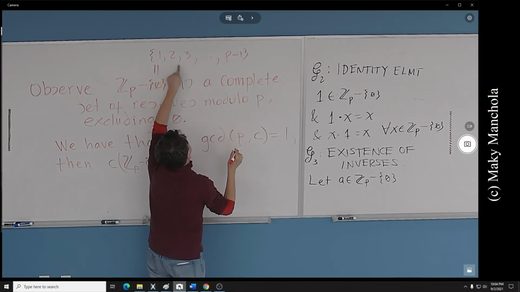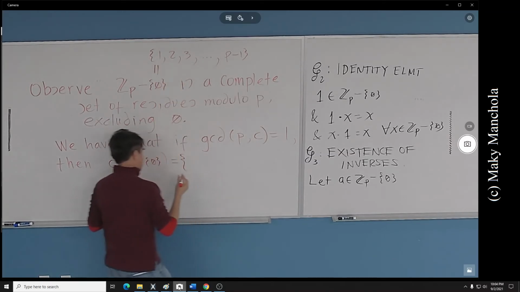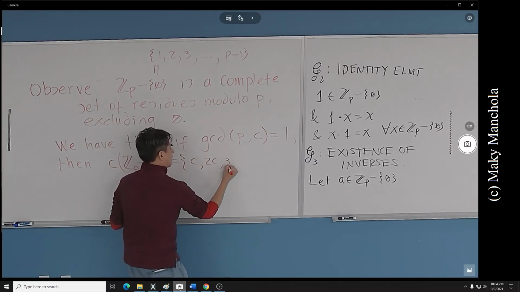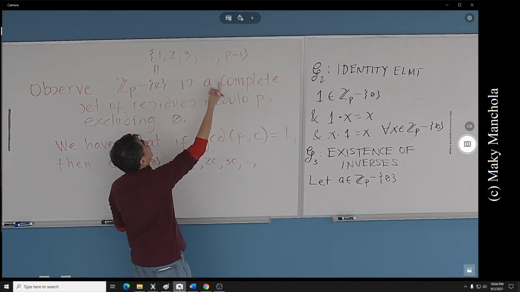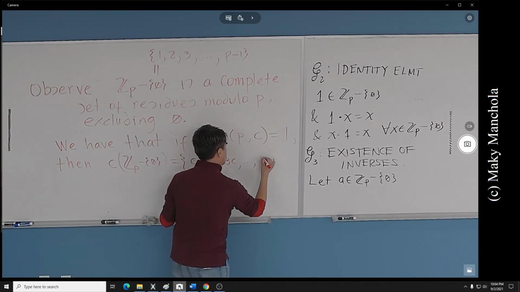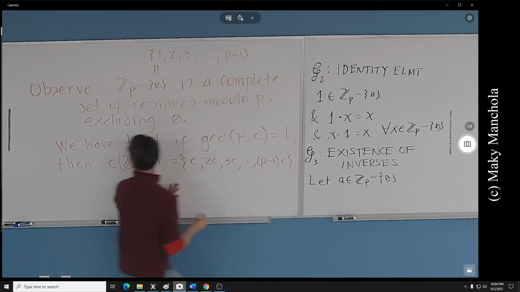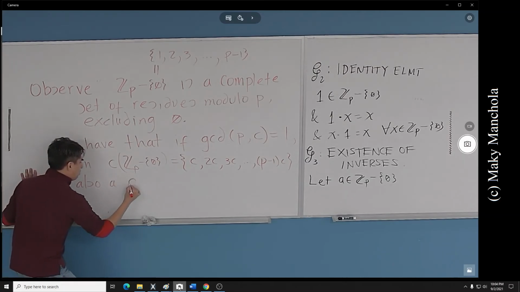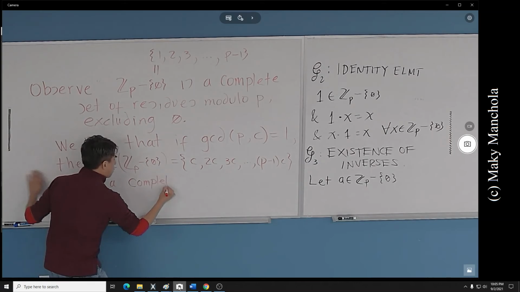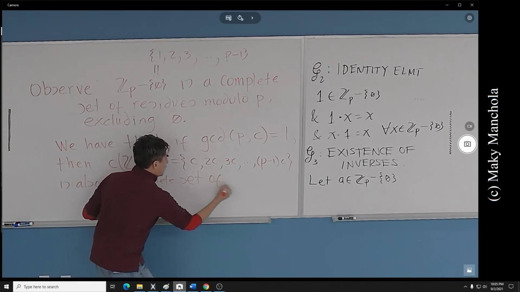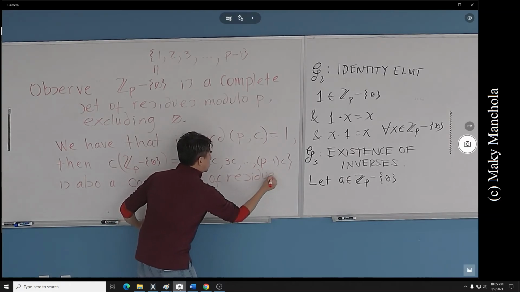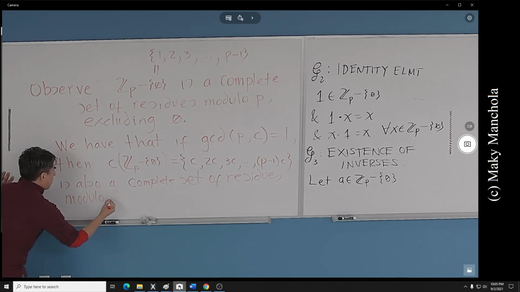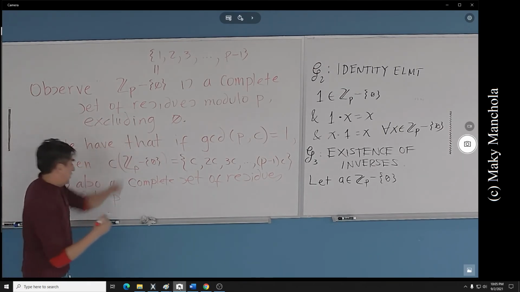So now I am multiplying each of these elements by C. So I'm going to get 1 times C is C, 2C, 3C, etc., P minus 1 times C, is also a complete set of residues modulo P excluding 0.